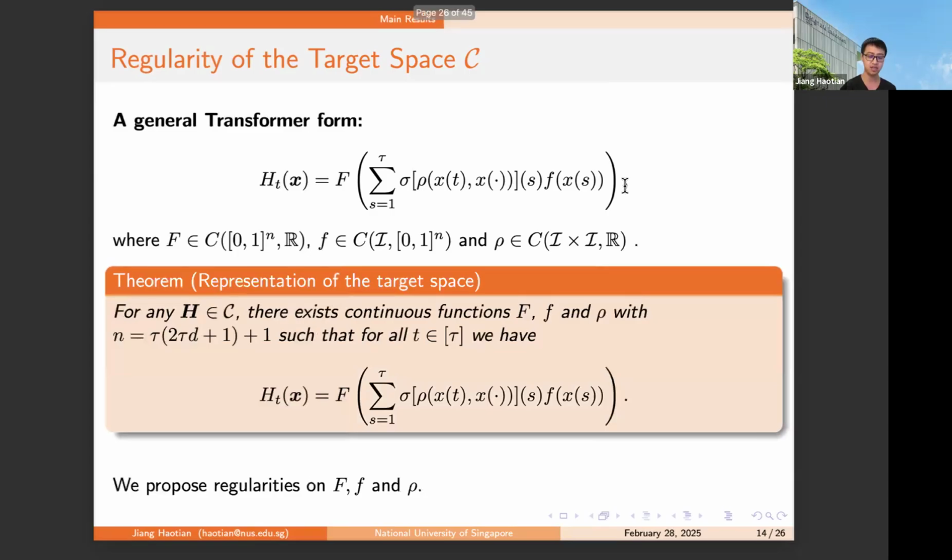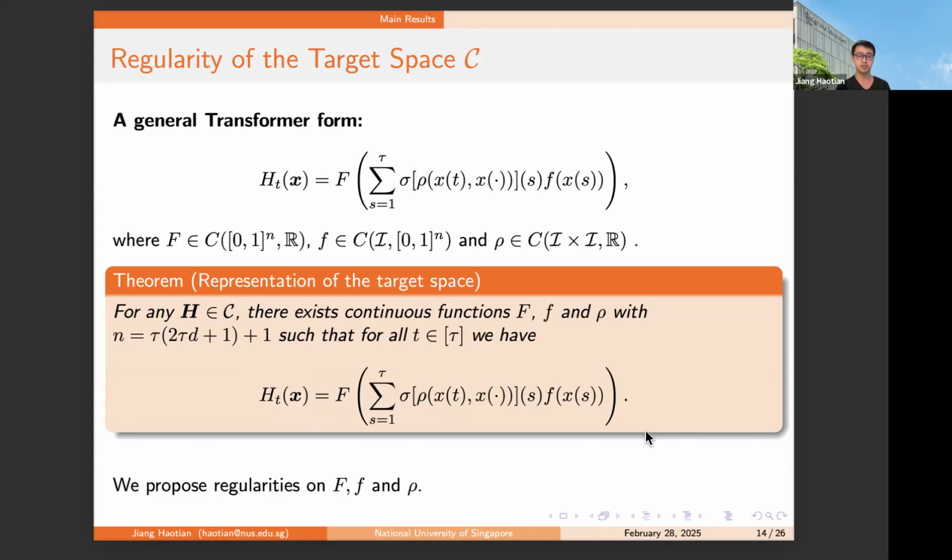And indeed, this form has some special properties. We have the following representation theorem of the target space using this form. Let's say for any target H from the target space, so H here is any continuous target, there exist some continuous functions, big F, small f, and rho, with the dimension satisfying this quantity, such that the target can be exactly written in this form.